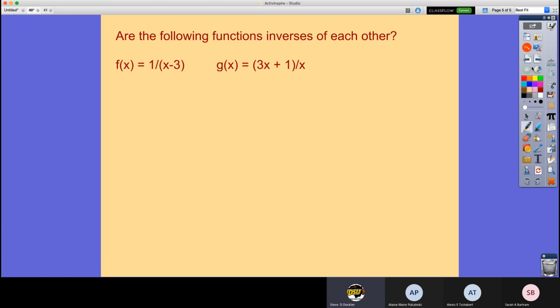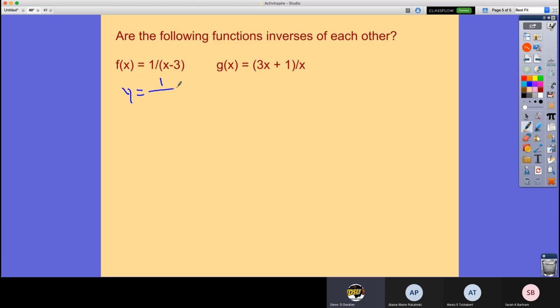Now, the way that I'm going to do this one is I'm going to do it the way that I just showed you, which we've already done in here, where we switch the x and the y, and then we solve for y. All right, so, and I think we're going to do it off of this first one.